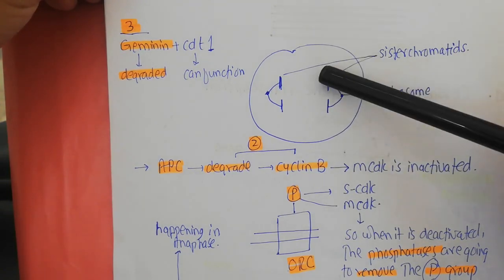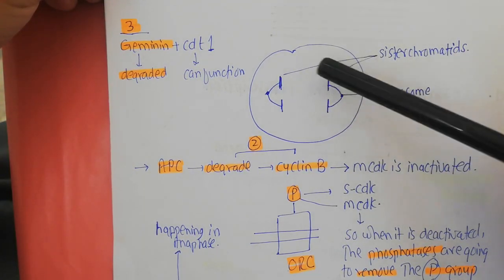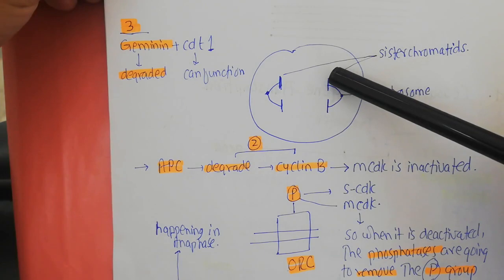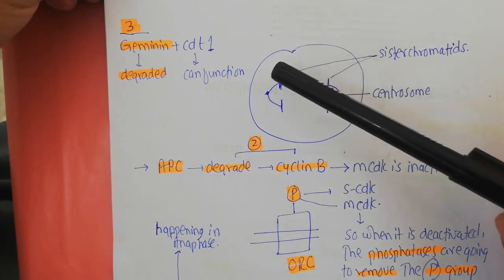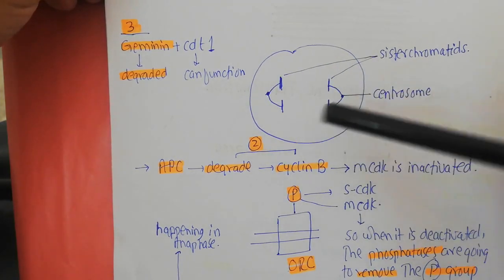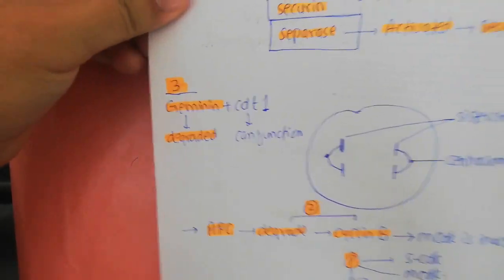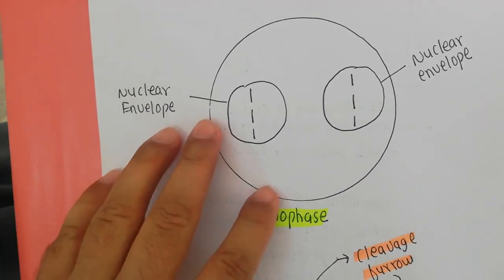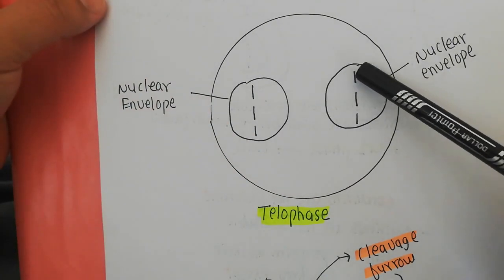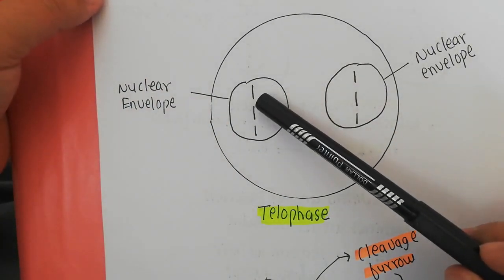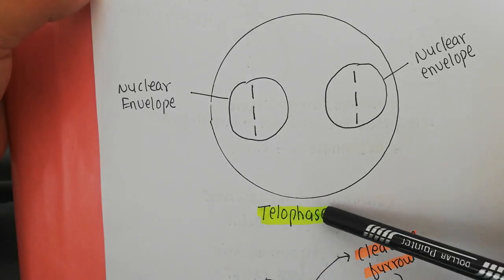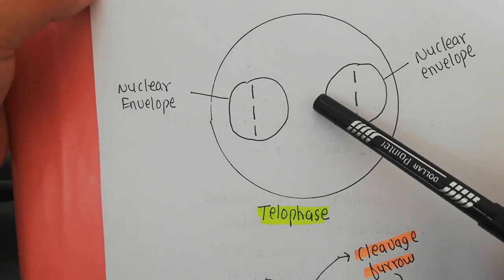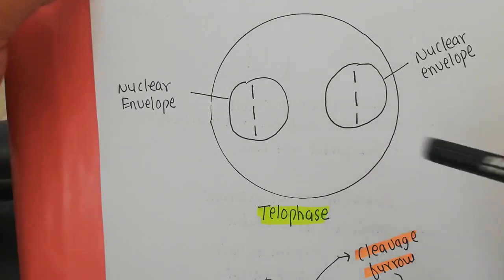Another important function of the MCDK was the breakdown of the nuclear envelope. Once you have separated the chromatids from each other, the other important thing you have to do at telophase is to make the nuclear envelope again. The next important thing in telophase is that you are going to make this nuclear envelope around this.